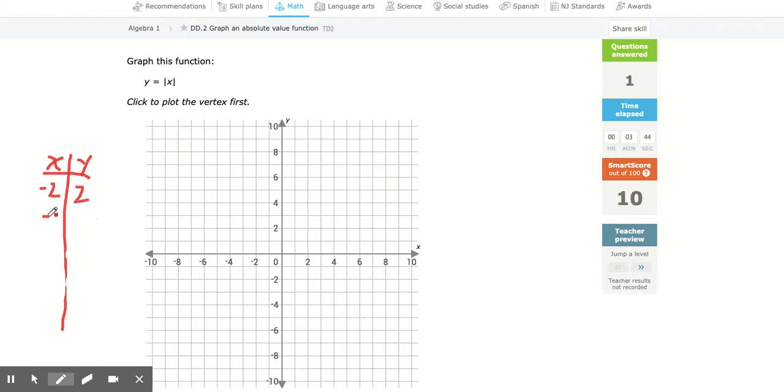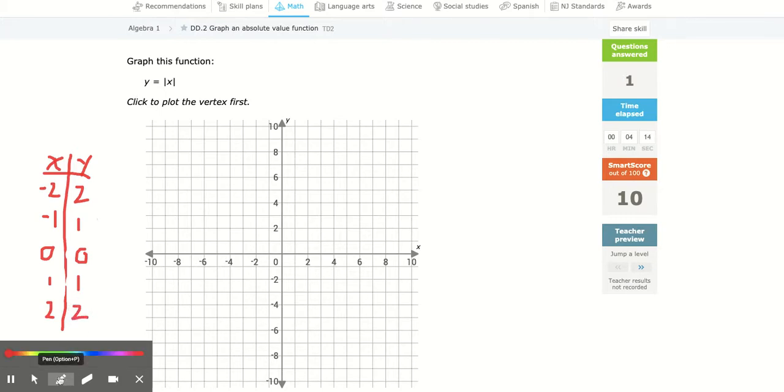At -1, it's 0. Oh, wait, sorry. I don't know why I said 0. At -1, my answer is 1. I think my brain was getting a little ahead of me. At 0, it's 0. At 1, 1. And at 2, 2.